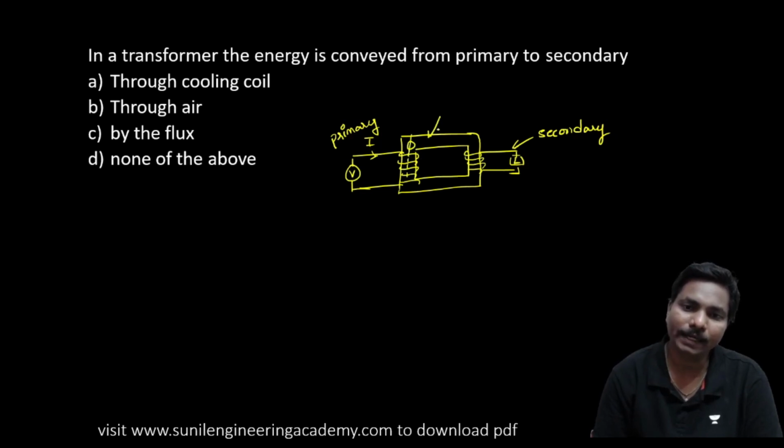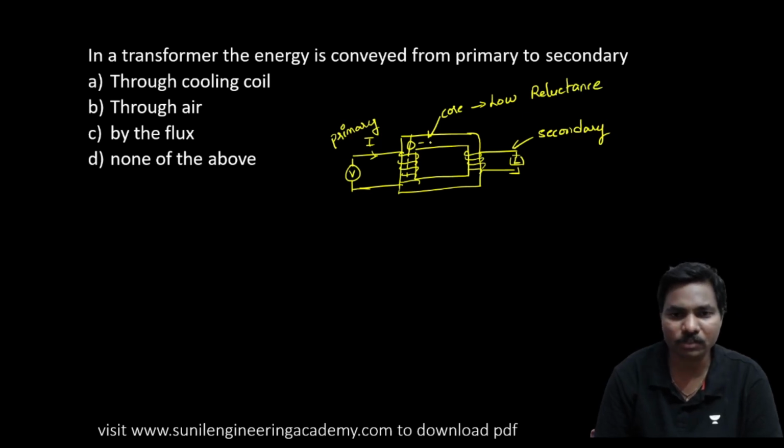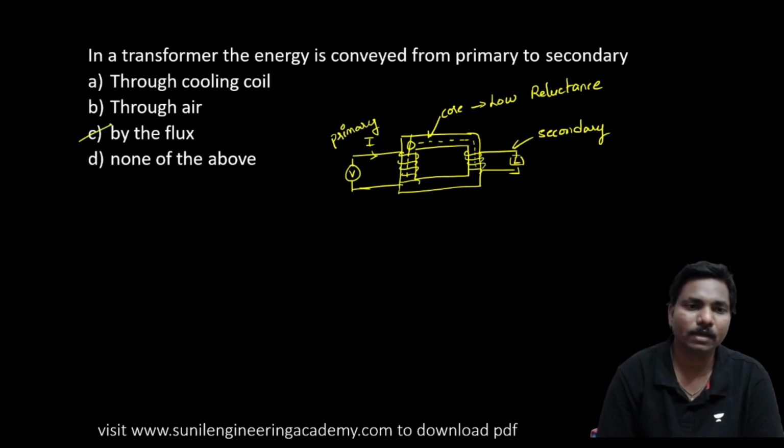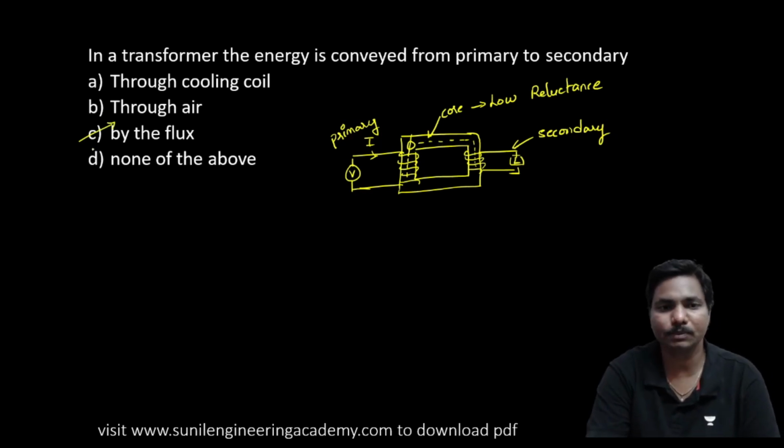This magnetic core provides a low reluctance path, that is less opposition to the magnetic flux. So the magnetic flux flows through the magnetic core and links to the secondary winding. That means energy is conveyed from primary to secondary by the flux. So answer is option C.